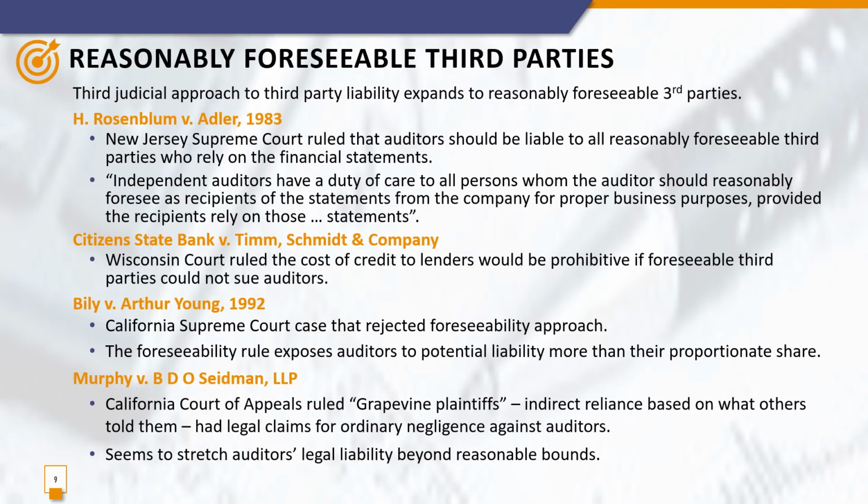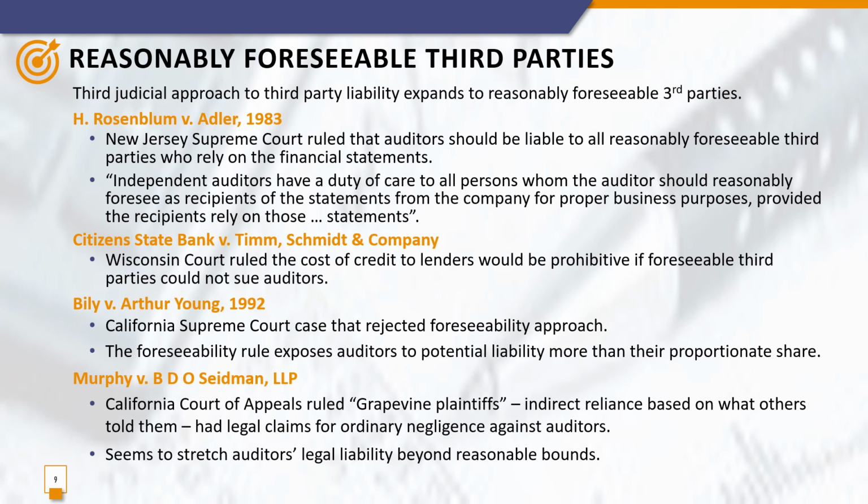The third judicial approach to third-party liability expands the legal liability of accountants well beyond Ultramares. The reasonably foreseeable third-party approach results from a 1983 decision by the New Jersey Supreme Court in Rosenblum Inc. versus Adler.